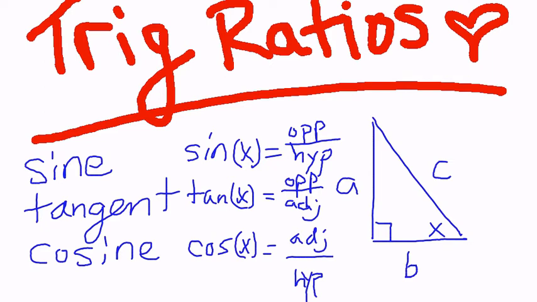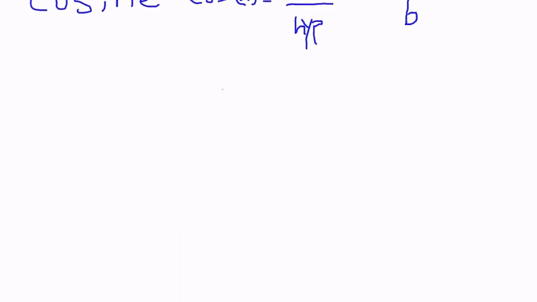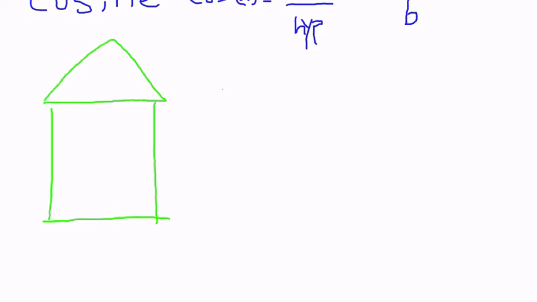So what this means is, if we have x here, well, let me just write out an example. Let's say we have a house. I'm going to do the classic example here.